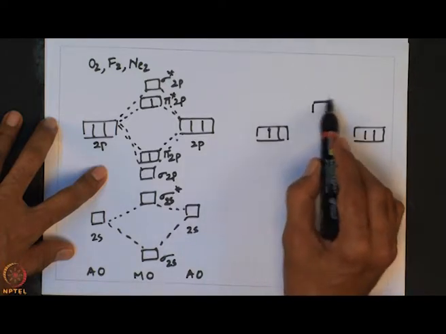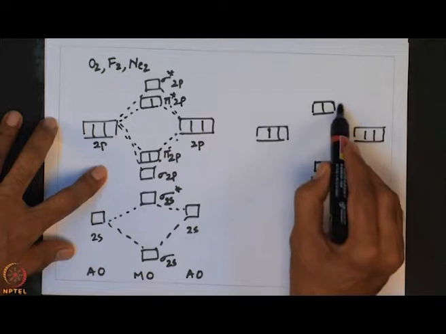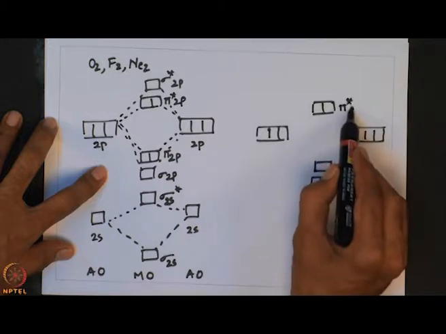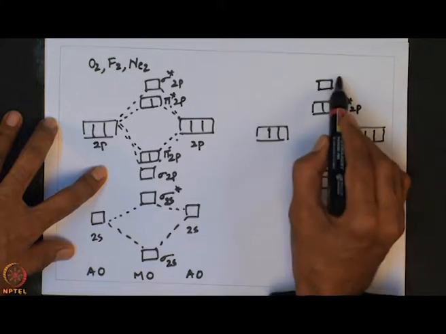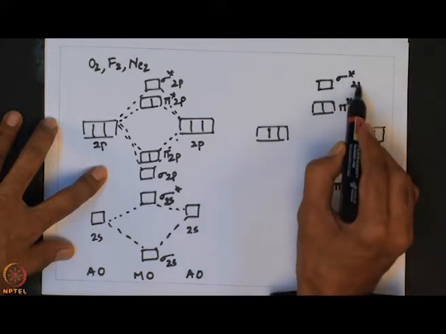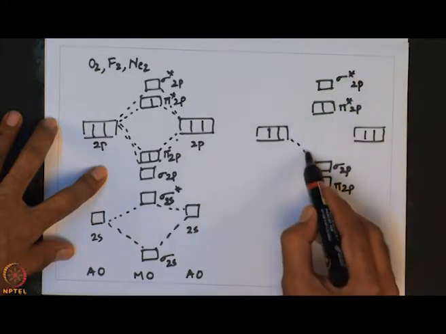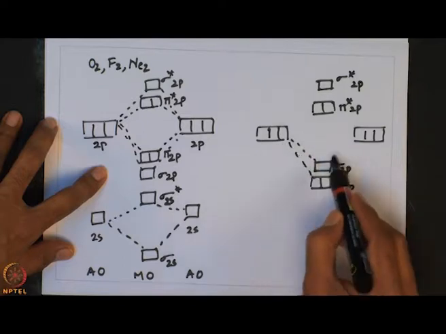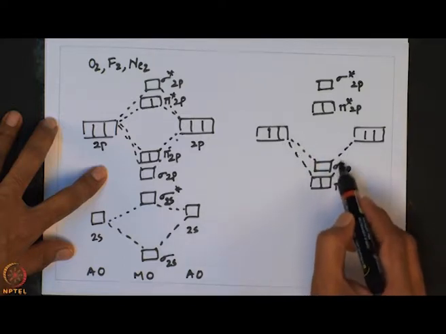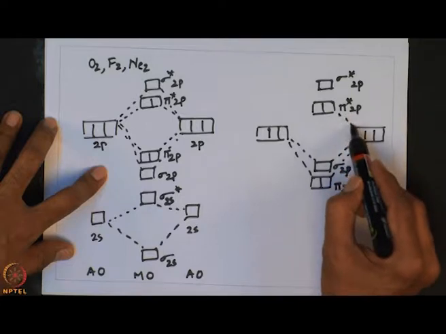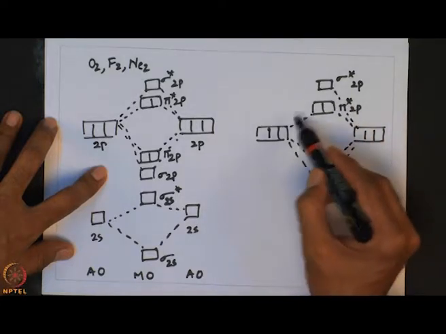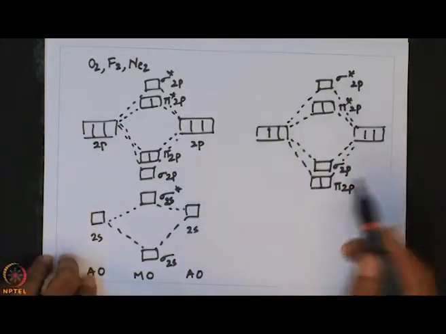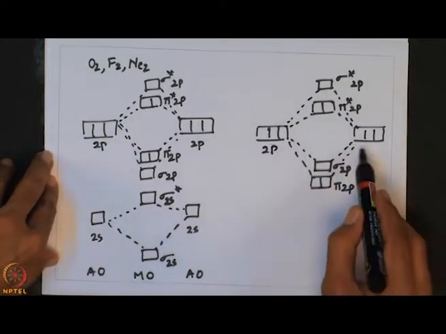As usual, there is no change in pi star 2p, which is essentially the same, and here it is sigma star 2p.